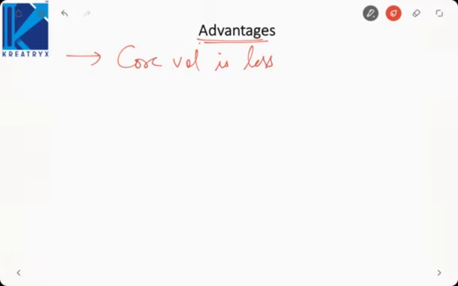Since we do not require two limbs to wind the primary and secondary, the core material required is lesser compared to a two winding transformer, because even a single limb can function as the two winding transformer. So core volume is lesser, which means cost will be lesser.